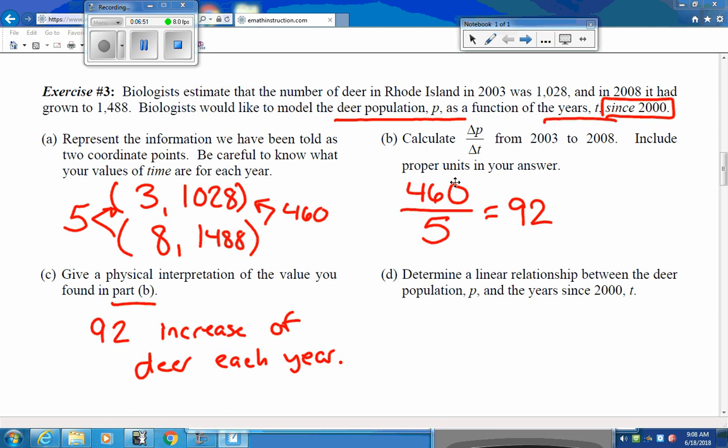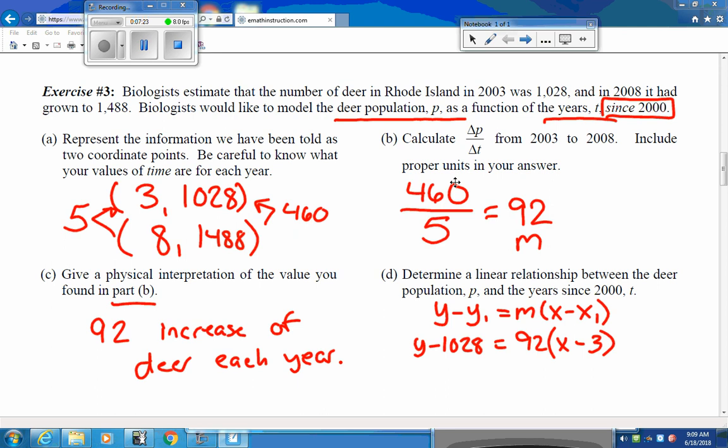For part D, the last part we're going to look at, it says determine the linear relationship. For this one, we have our slope, and we have our points that we can use. I'm going to use the equation of a line, and I'll use the first point. So we get y minus 1,028 equals 92 times x minus 3. I'll distribute first and get 92x minus 276.